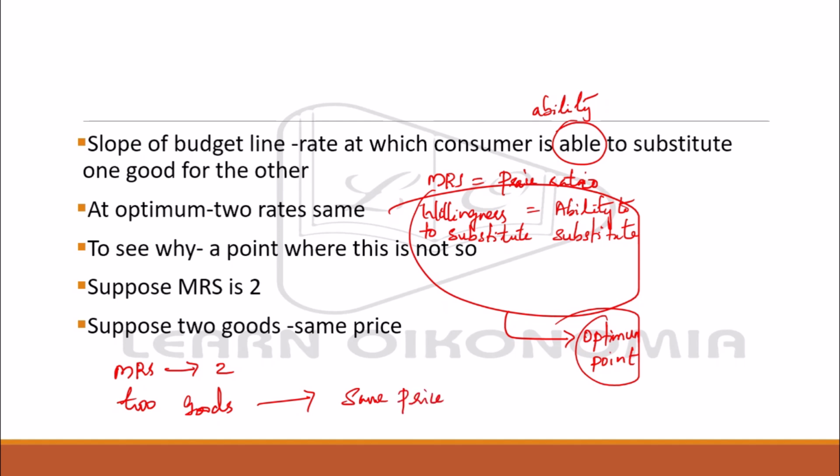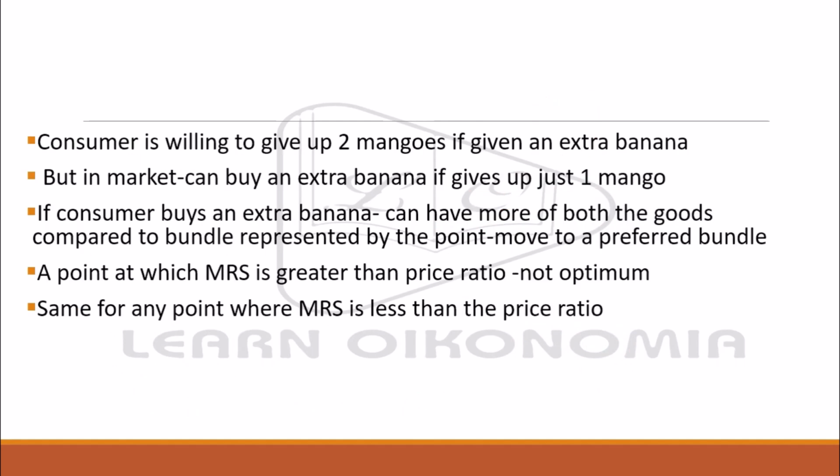That is the next assumption that we have. So in our previous example we were using mangoes and bananas. If you remember, on the y-axis we were taking mango or good Y, and in the case of good X we are considering banana.